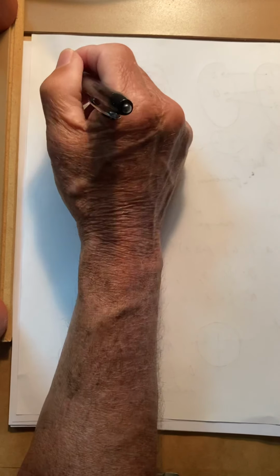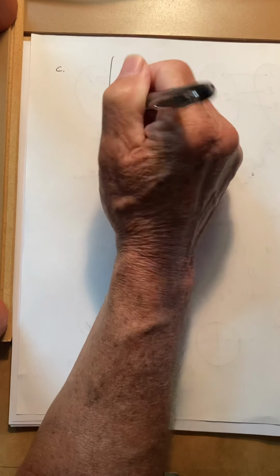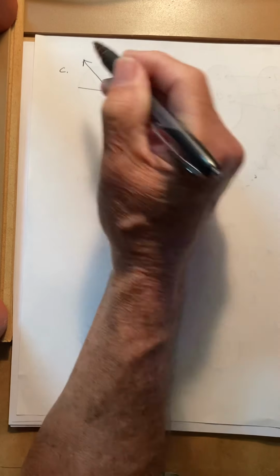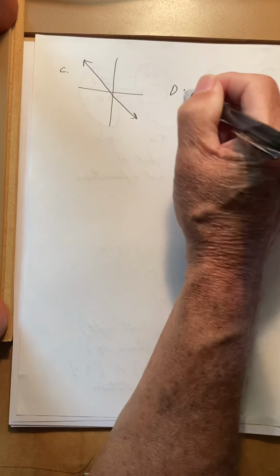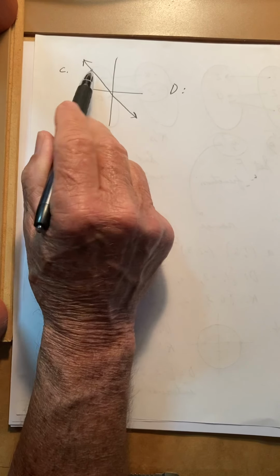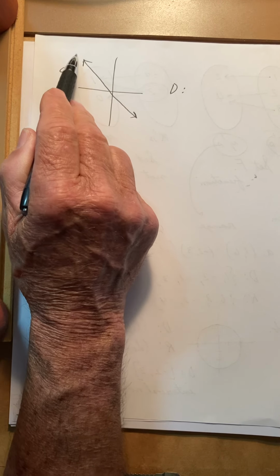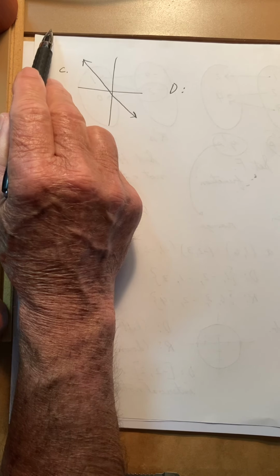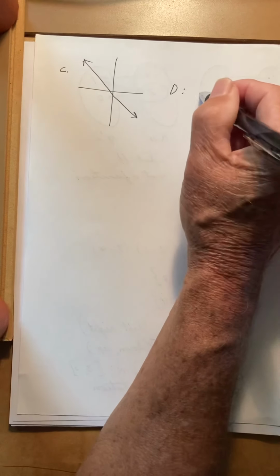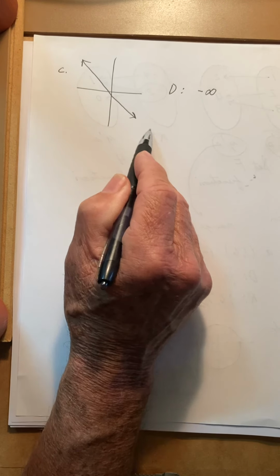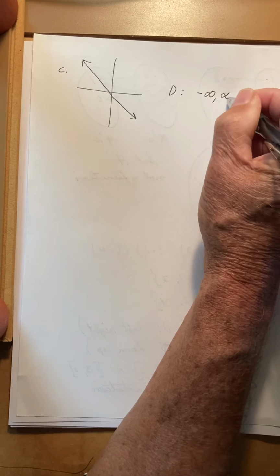Also, for number C, we have this graph right here. And we can see that on the domain, the furthest to the left that it goes, as indicated by this arrow, it continues to go further and further to -infinity. And to the right, it goes further and further toward +infinity.